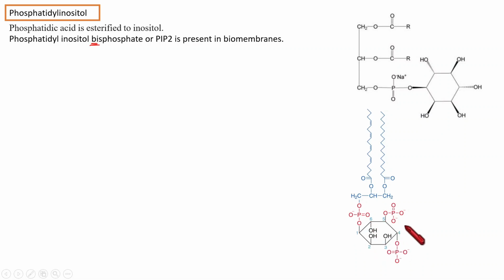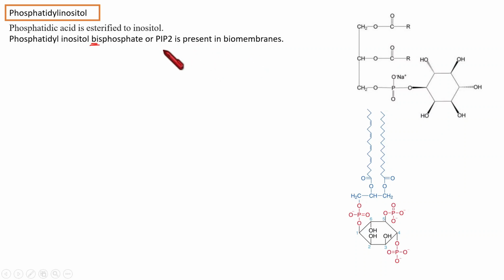So that is why it is phosphatidylinositol bisphosphate, because the phosphoric acids are attached to nearby carbons. So that's why it is called bis instead of di. Phosphatidylinositol bisphosphate is also present in biomembranes and also in one more place where you might have learned this name.